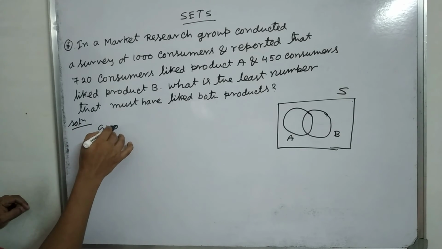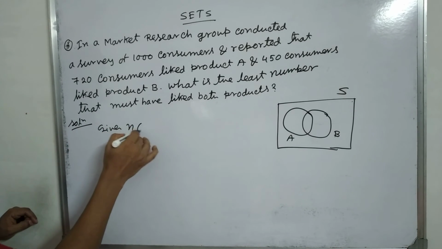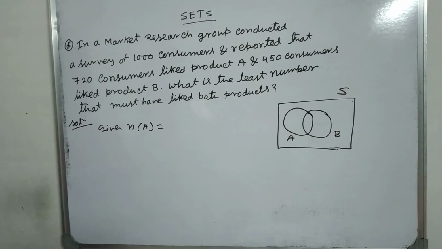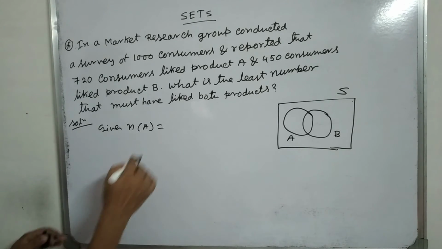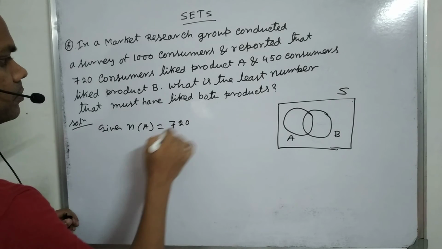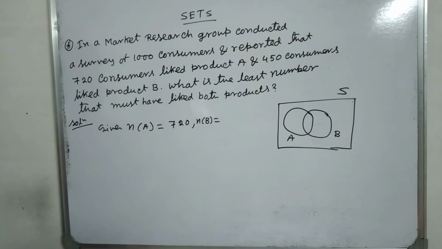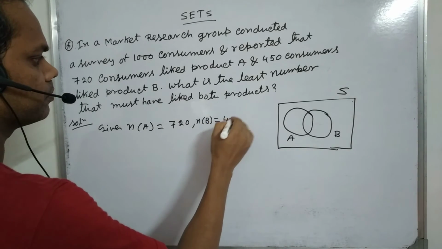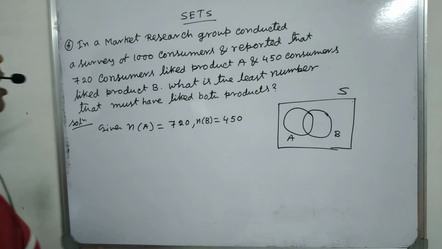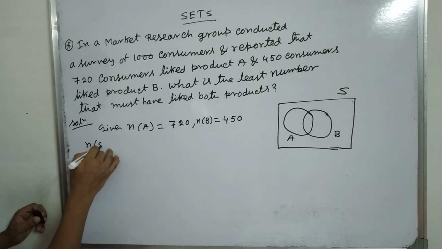Given n of A means the number of people who like product A. This is 720. n of B, the number of people who like product B, is 450. And the research group conducted the survey over 1000 consumers, that is the number of people in the universal set.